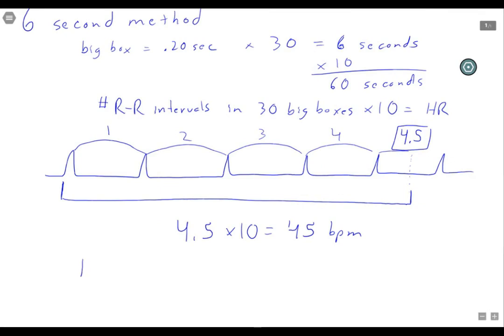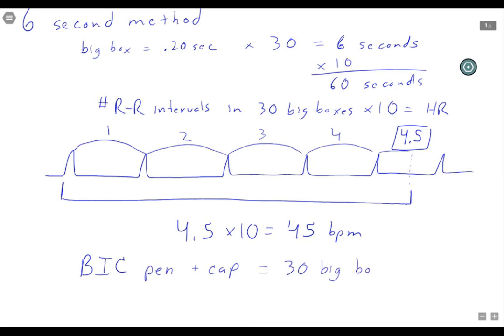Now, in addition to that, if you happen to have a Bic brand pen and you have the cap on it, you have to have the cap on it, believe it or not, the length of that pen with its cap is about 30 big boxes.